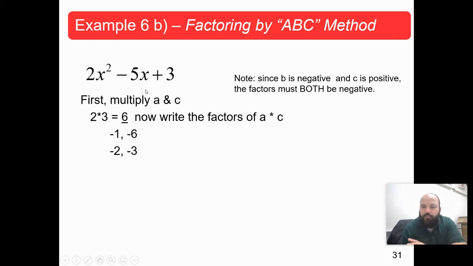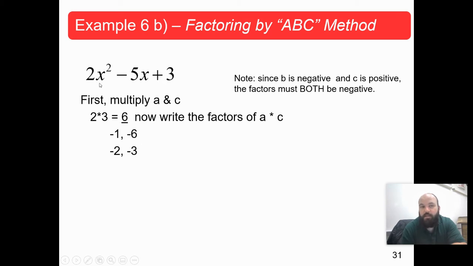So in order to have two numbers multiply and be positive, but add and be negative, you only have one choice, actually. If they're going to multiply and they're going to be positive, they either both have to be positive or they both have to be negative. To add and be negative, they both have to be negative in this case because we don't have any other choice.